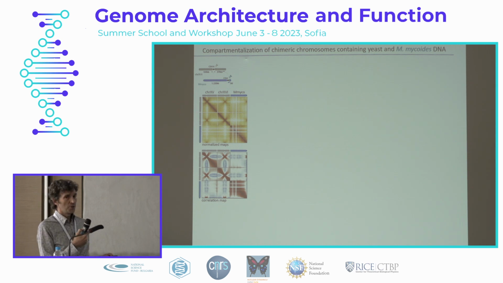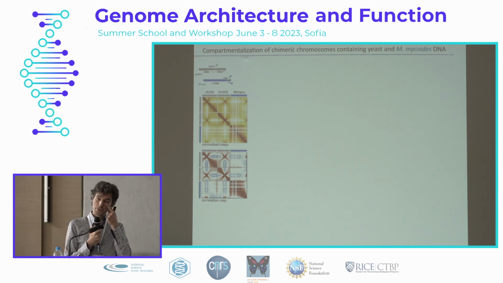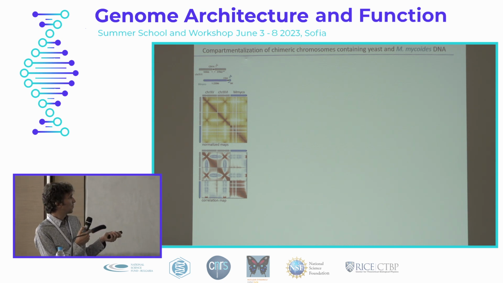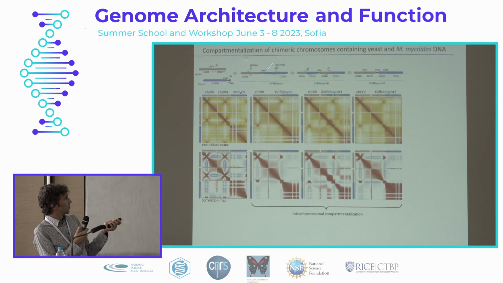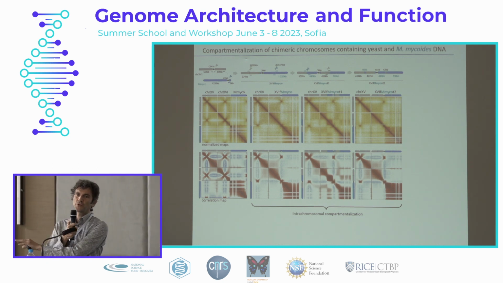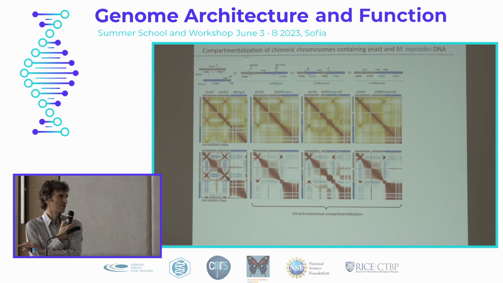And so to finish, we wondered whether we could play a bit with these sequences. Léa Meneux, a PhD student in the lab, fused the Mycoplasma mycoides sequence with a native yeast chromosome. She fused chromosome 16 with the mycoides genome. So now we have one chromosome which has one arm which is native yeast and one arm which is mycoides DNA.